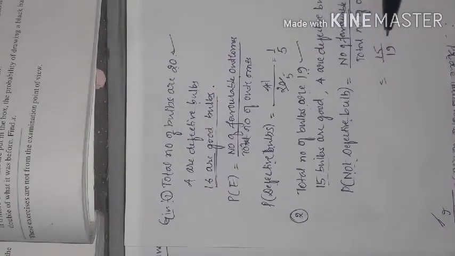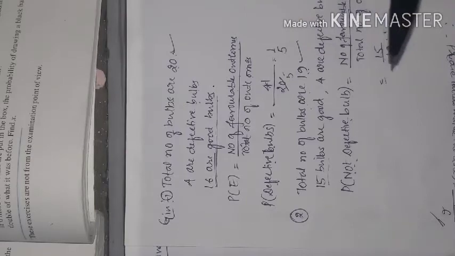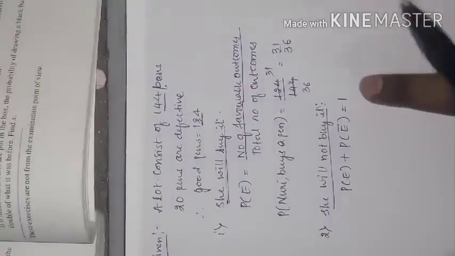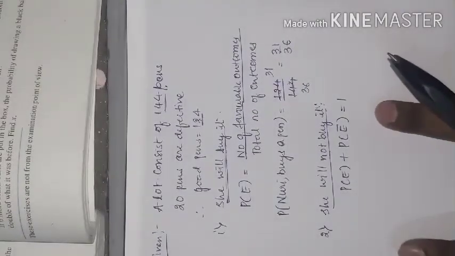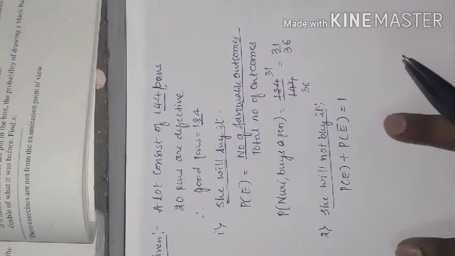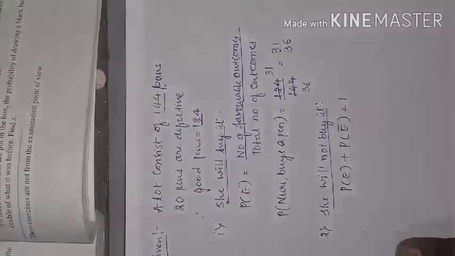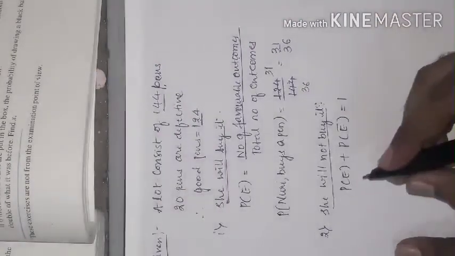Because of that the denominator changes: it is 19 here and 20 here. So we do not use the relation that probability of an event plus probability of not the event is equal to 1 there. You got my point? I hope everyone understood why we use this relation here and why we do not use it in that question. Clear? Chalo, we'll go for the continuation.